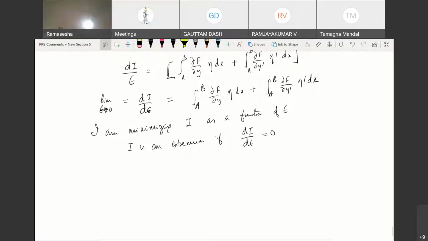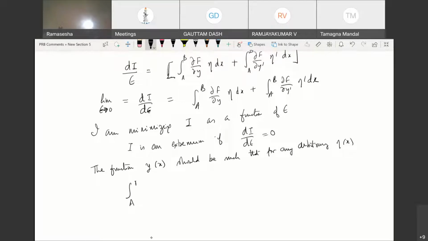So if this is the case, then the function y of x should be such that for any arbitrary eta, the integral from a to b of del f by del y eta dx plus the integral from a to b of del f by del y prime eta prime dx is equal to 0.